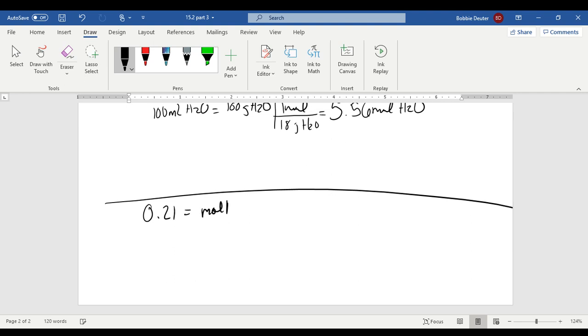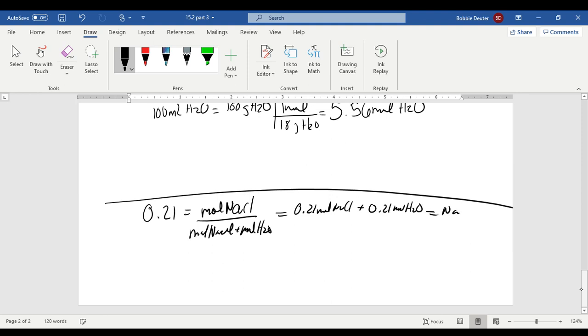So we know that moles of NaCl over moles of NaCl plus moles of H2O is equal to 0.21. We could work this out to get 0.21 moles of NaCl plus 0.21 moles of H2O, and set that equal to moles of NaCl.